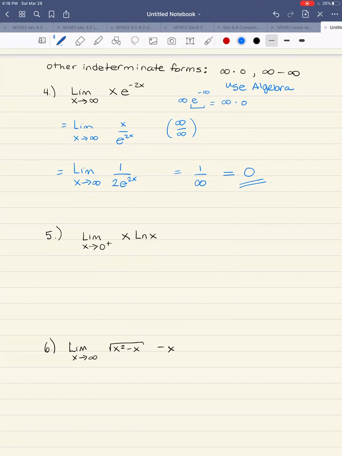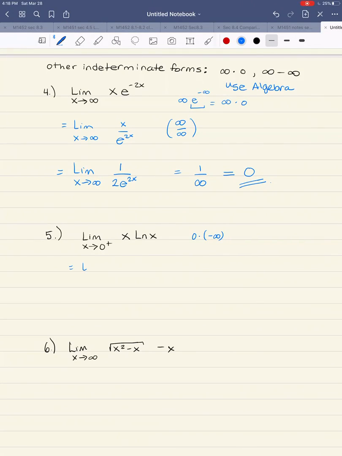In my next example, x is going to 0 from the right. We take x from the right because remember the logarithm is only defined for positive x's. In fact, as I'm coming in from the right, the logarithm is going to minus infinity. The x is going to 0. So 0 times minus infinity, that's still the same type of indeterminate form.